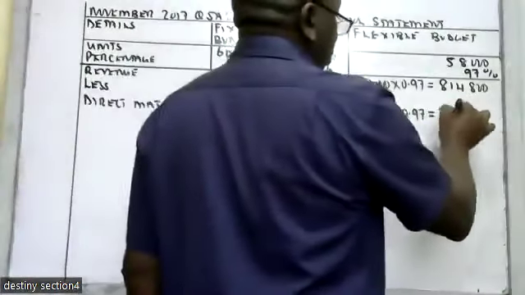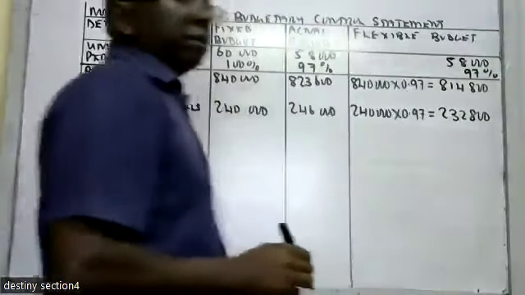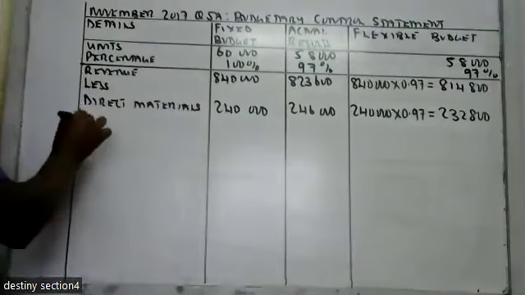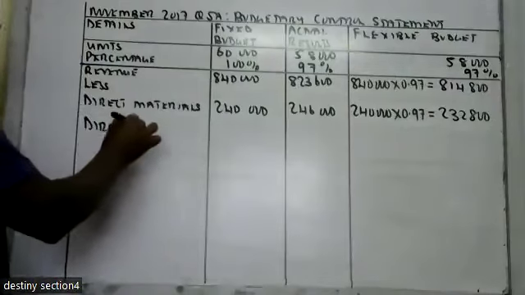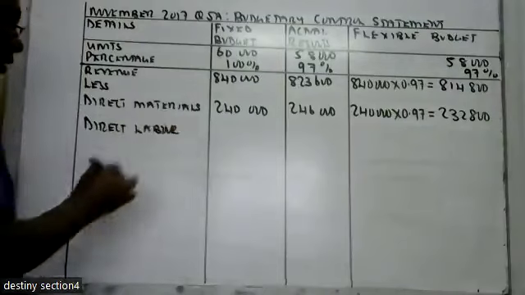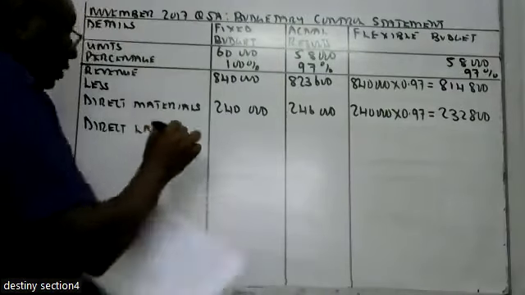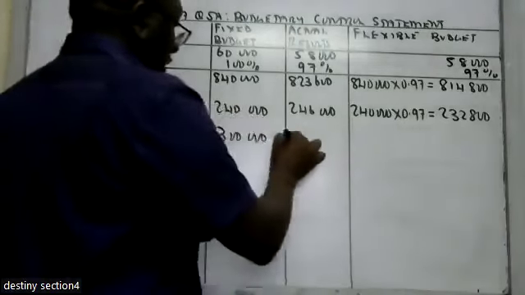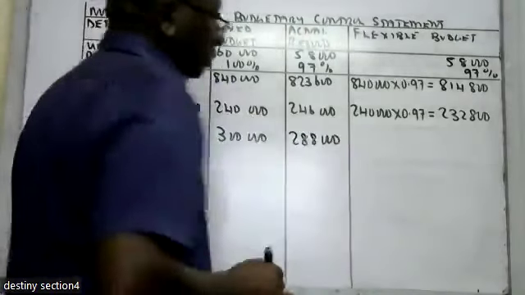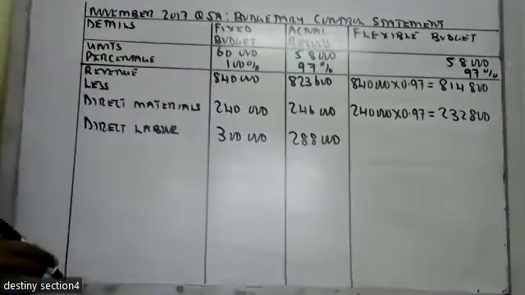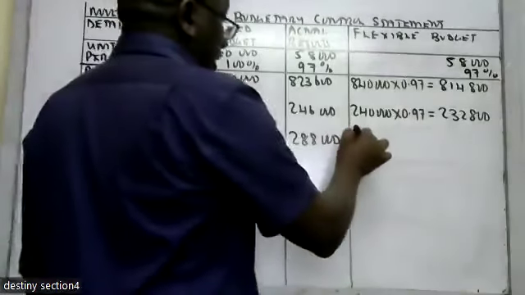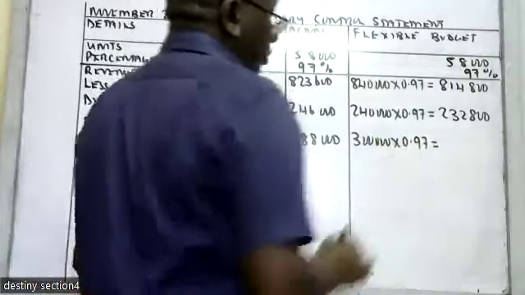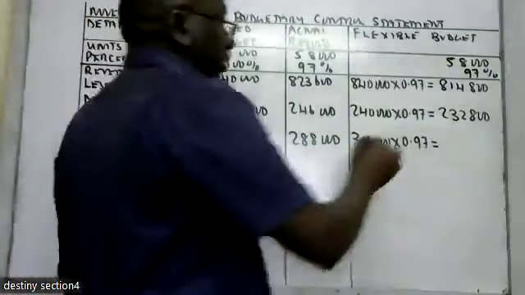Aya, tunakuja kwa direct labor. This question was even very simple. Direct labor 300,000 and 288,000. Sasa nasema 300,000 times 0.97.